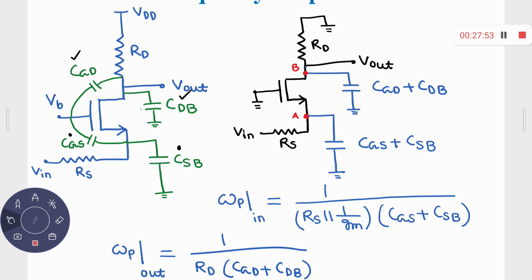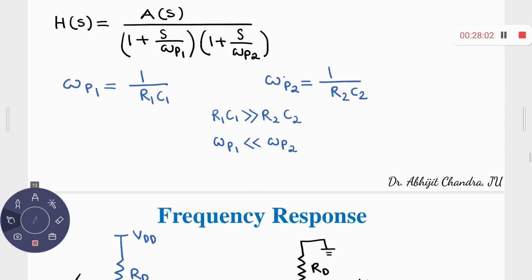This one is a common gate. Do it. No harm, just do it.